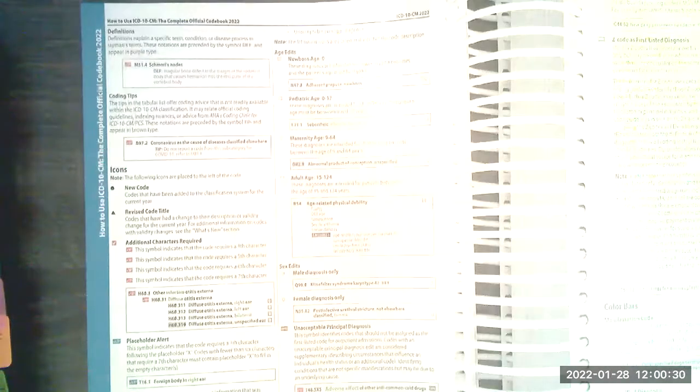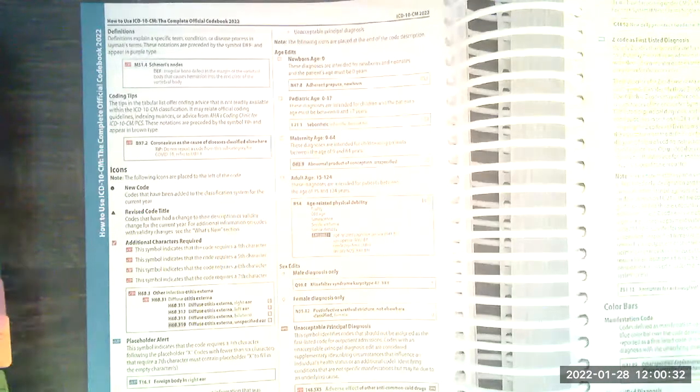And then it also has in here the lists of different conventions. And the main differences I'm seeing between the green book and this book is how they show you if additional characters are required and if a placeholder is required.